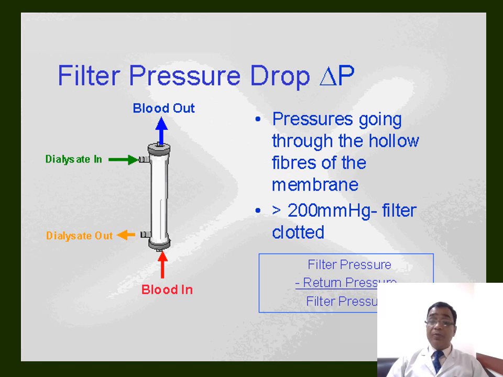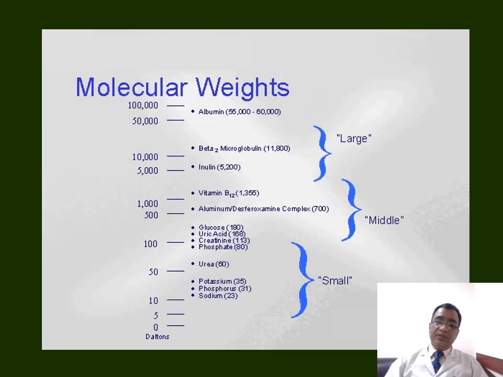If this drop is too much, that means the membrane is having some clotting in its filaments, in its tubules. Therefore there is more resistance, and after the membrane there is less pressure. So an increase in this pressure drop helps in recognizing clotting of the filter.